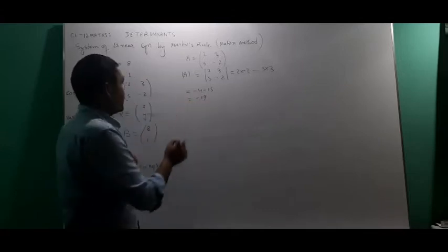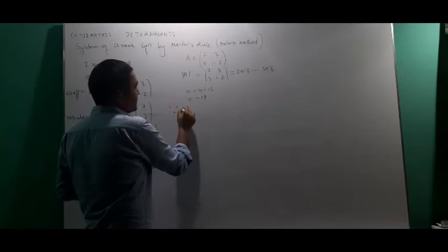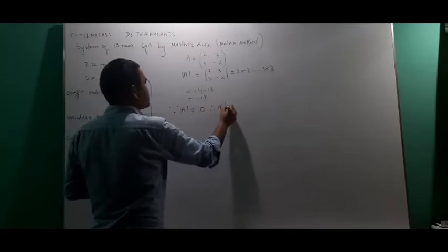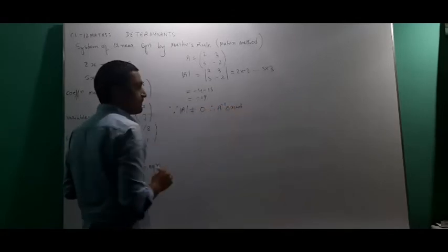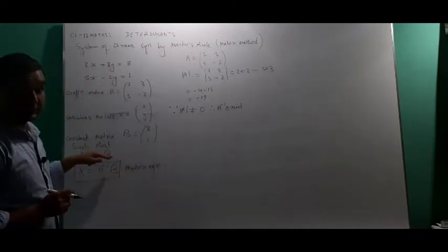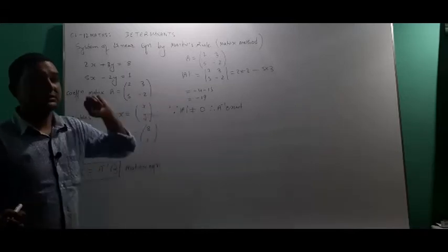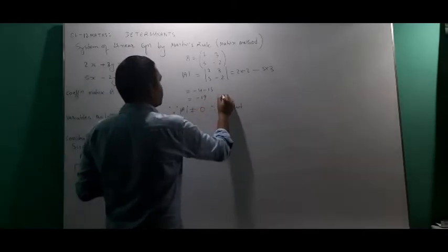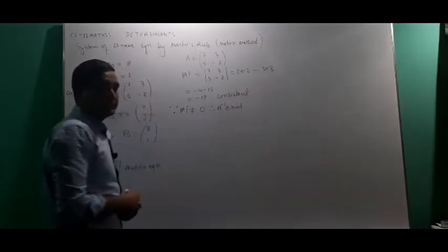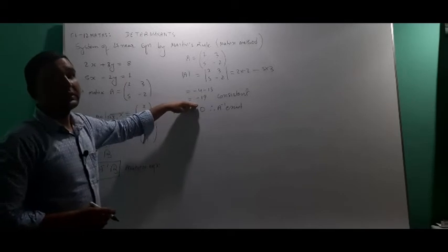Since the determinant of A is not equal to 0, therefore A inverse exists, because we need A inverse to solve these equations. If it is 0, no need to solve further, just write inconsistent.